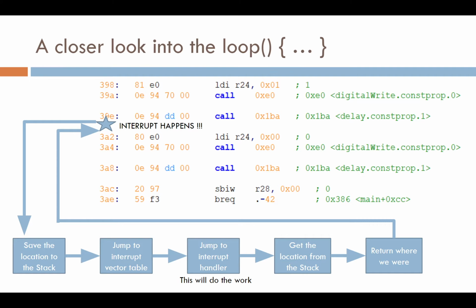On different processor architectures, these interrupts are handled a little bit differently, but the principle is exactly the same. An event happens, it gives an interrupt, you save the location you were executing, then find an address for that interrupt and jump to the interrupt handler, do all the work needed, then get the location from the stack and return to wherever you were.